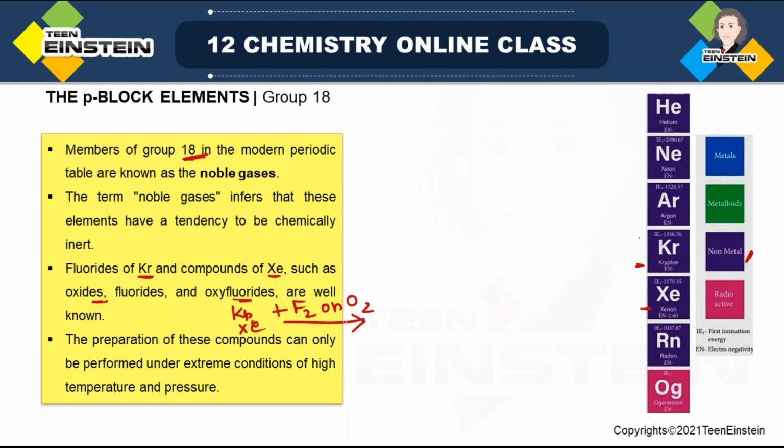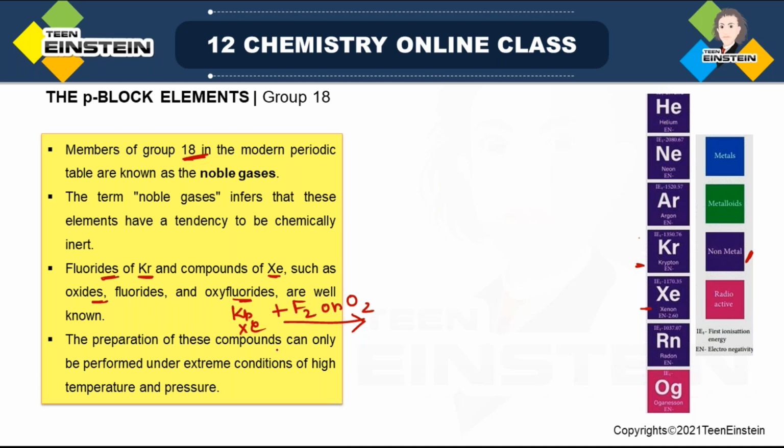Okay, so that is why it is possible to get compounds of these two, because they are already very non-reactive. They hardly want to react. Okay, but still, if you want to get products with other element, it is normally product with fluorine and oxygen, because these two are the most electronegative.